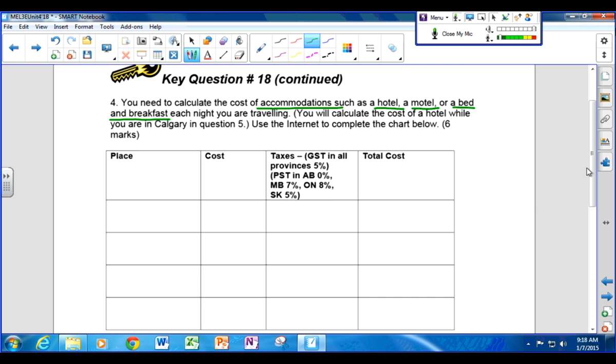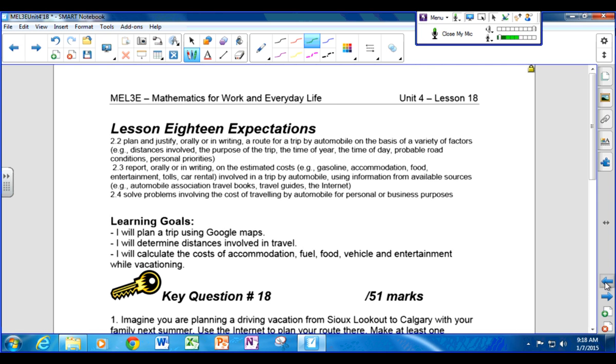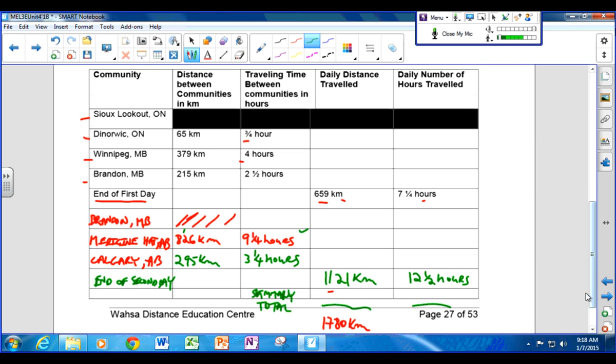So here you go. So we need the accommodations. If we look at where we said we were going to stay on the first night, because I think I can only do the first night here. What I said was that we were going to stay in Brandon, Manitoba on the first day, and then we're going to end up in Calgary on the second day.